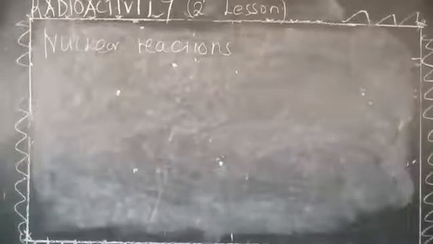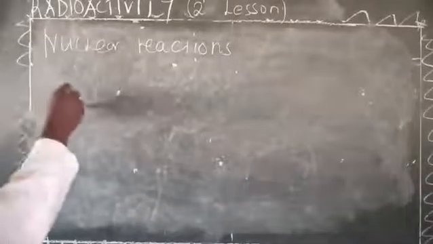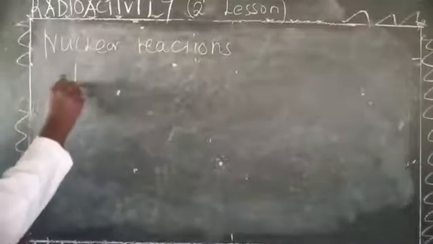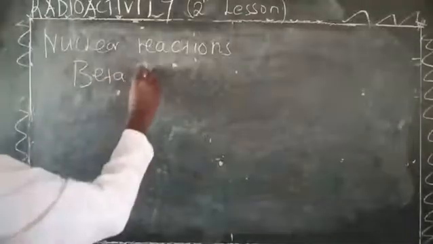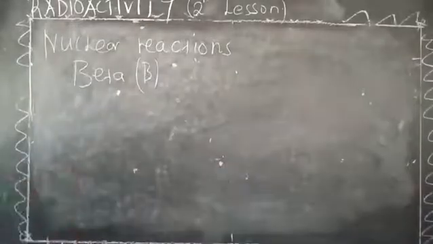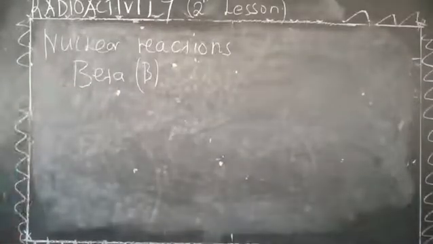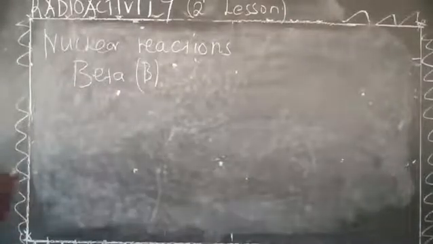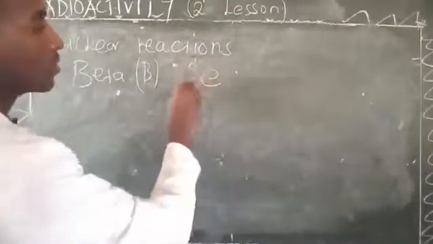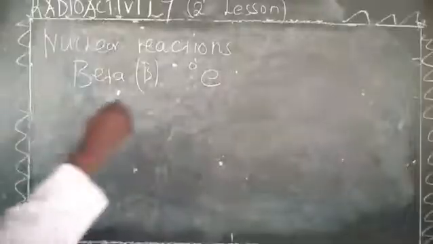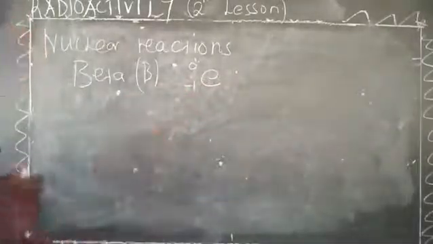On the other hand, we can look at beta reactions or beta decay. We say that the beta are represented by this symbol. It's a Greek letter, a beta. And in this case, we say that the beta are basically electrons with a mass number of 0 and the electric charge of -1.